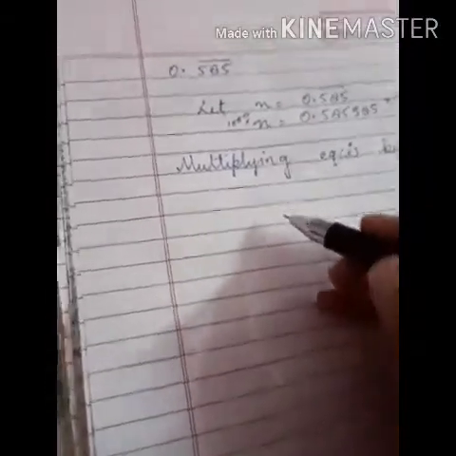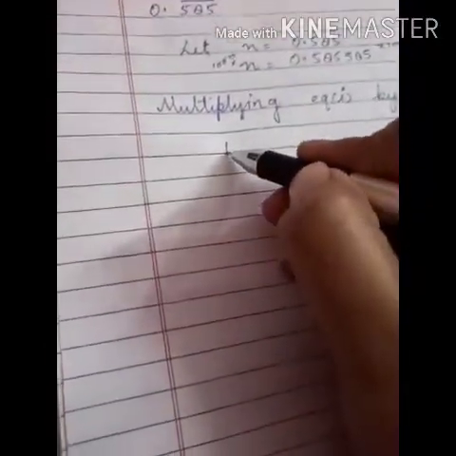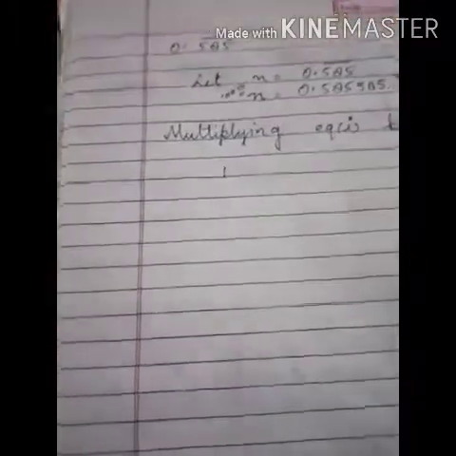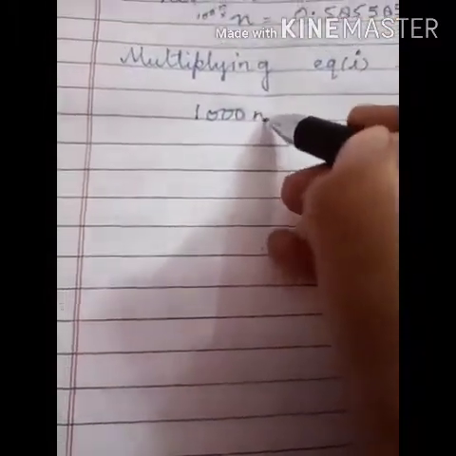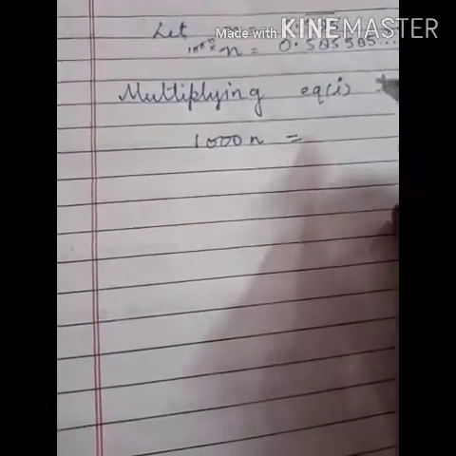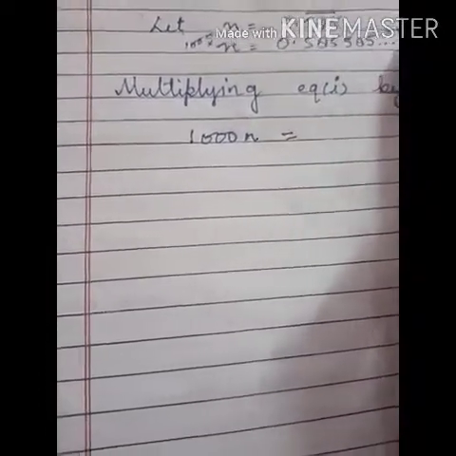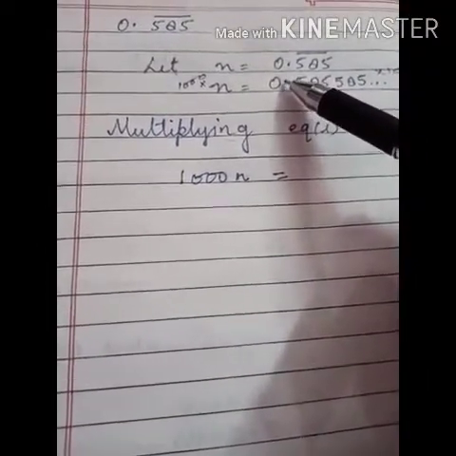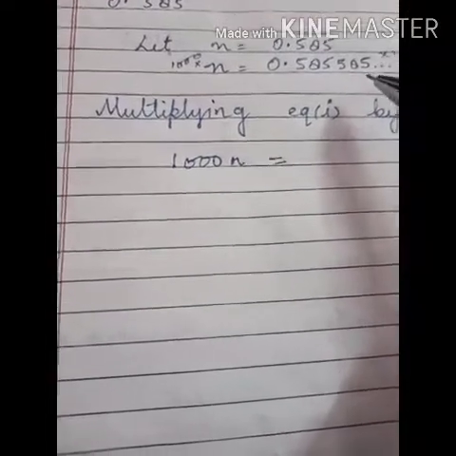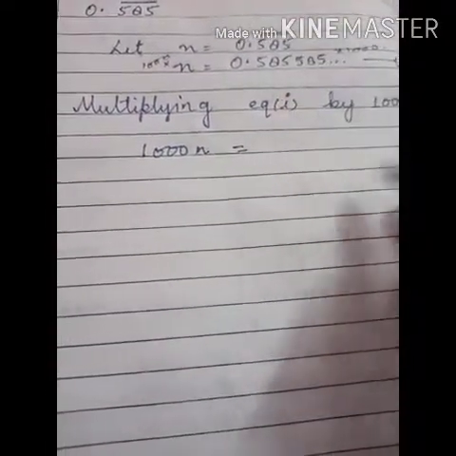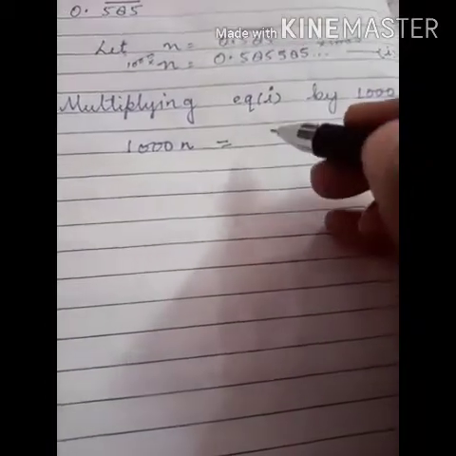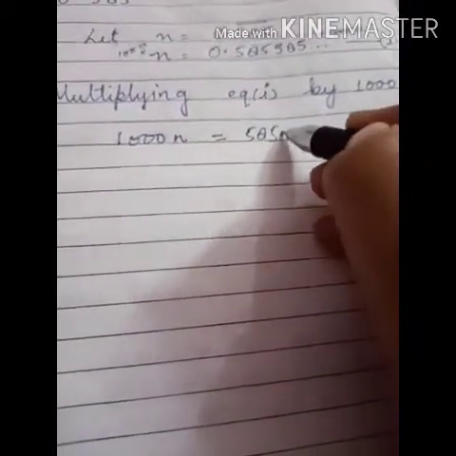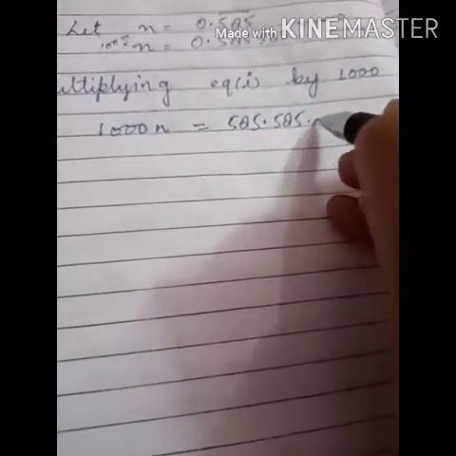So what we get? 1000n is equal to, here we are multiplying it by 1000, so this decimal shifts 3 places. So what we get? We get 585.585 and so on. Say this equation number 2.